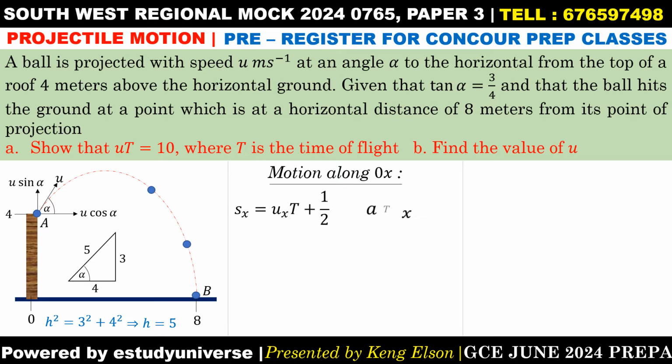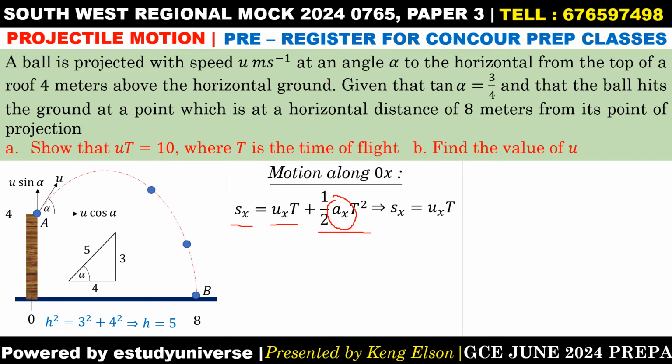So in the horizontal direction, generally s is equal to ut plus half at squared. But in the horizontal, I'm going to call it Sx is equal to uxt plus half ax t squared. Now in the horizontal direction there is no acceleration, so the acceleration is 0, which means that our Sx will just be equal to ux times t.